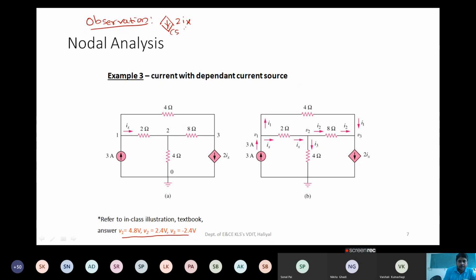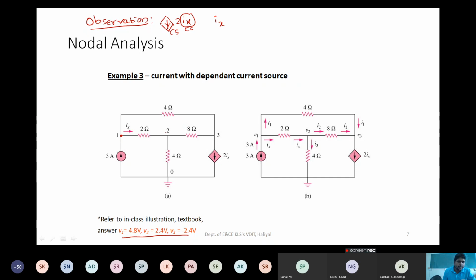So it is a current source which is controlled by current. But which is the parameter controlling? That is Ix, and it is shown here in the figure.